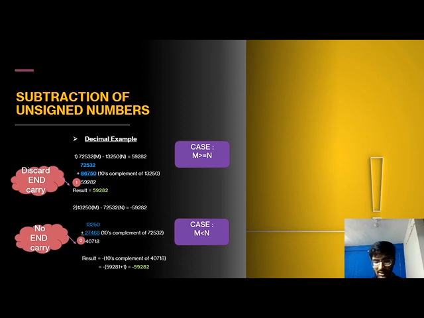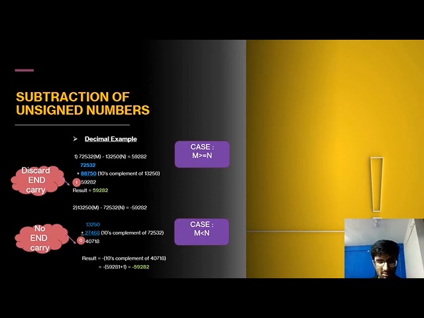The second case is when m is less than n. See, m is 13250 and n is 72532. We know the result is negative because m is less than n. So we find the r's complement of n and add it to m, and here there is no carry.